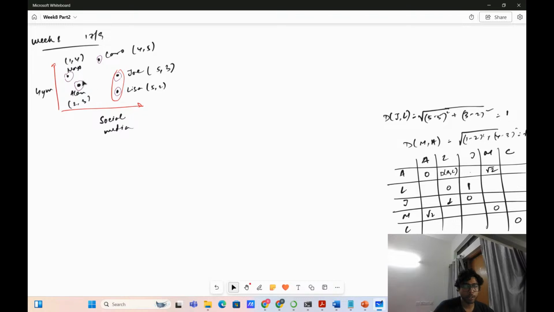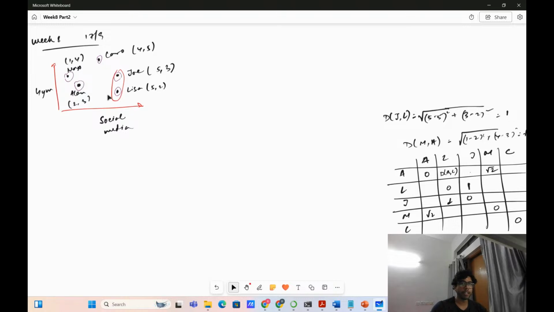When you calculate the distance between this cluster and this cluster, which has only 1 point, you take the shortest distance between this point and the points in this cluster. For example, you calculate Alan and Joe, and Alan and Lisa. Whichever distance is shorter, you take that one. That is your single link distance.